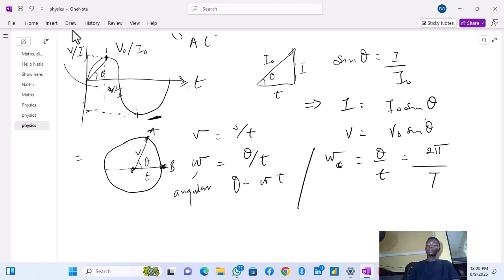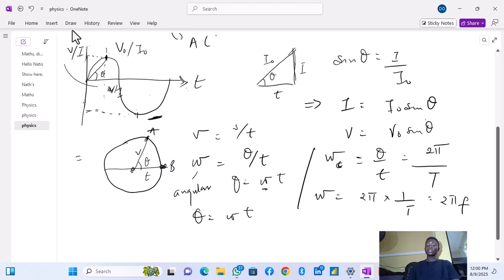Then we have that the omega is 2 pi times 1 over big T, and this is 2 pi f. So I can come here and change this omega to 2 pi f. We have that theta is omega t, then this omega is now 2 pi f t. So now my theta is 2 pi f t.